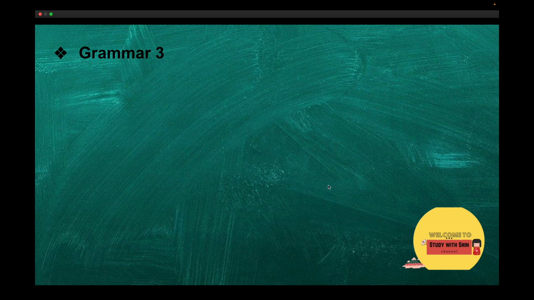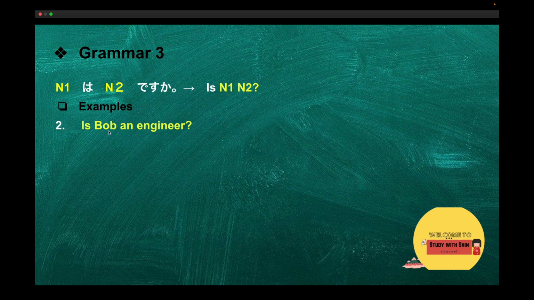Now let's take a look at another example. Is Bob an engineer? In order to say engineer, we would say エンジニア. Bob would be ボブさんはエンジニアですか?